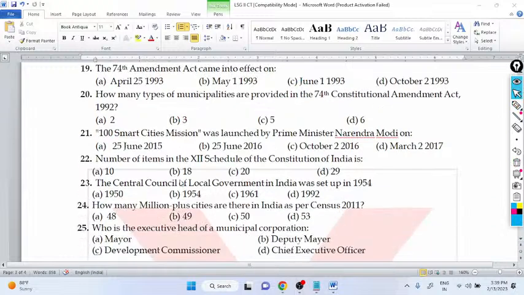And 22, number of schedules is 18. That is 53.